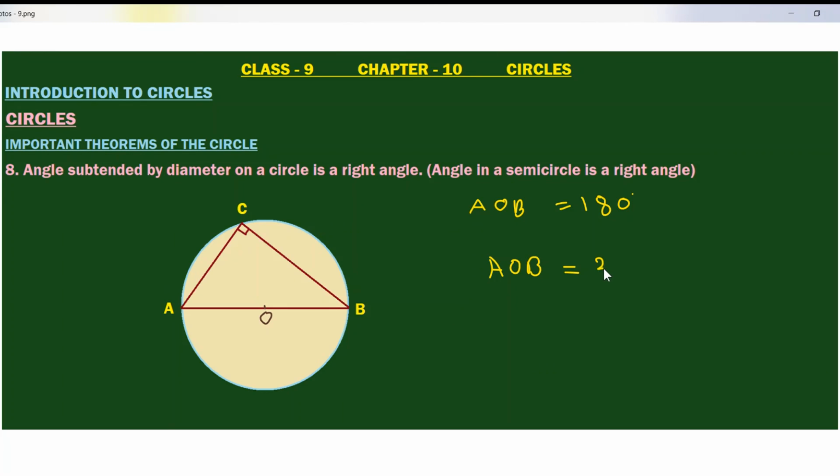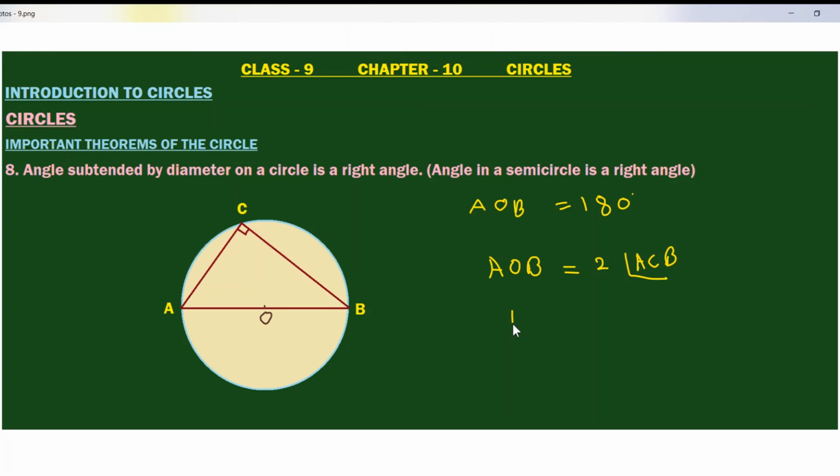double the angle subtended at any point on the circle. So ACB. AOB is equivalent to 2ACB. Got it? But we know here AOB is 180 degrees.